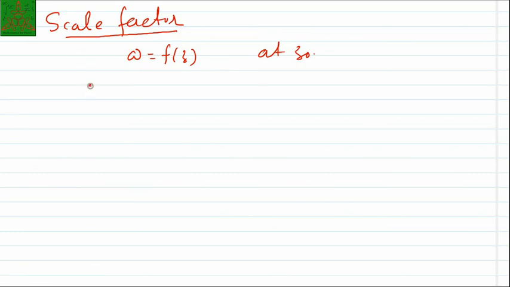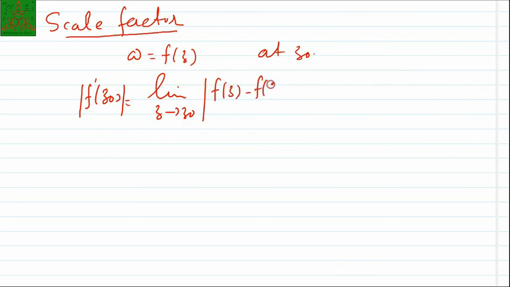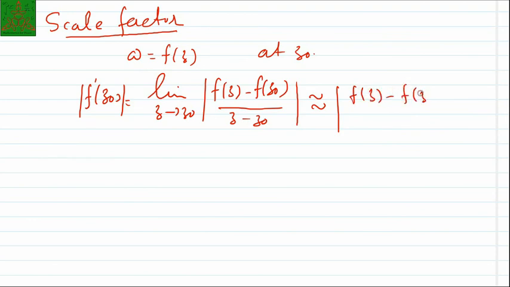For that, f dash of z0, by definition, is the limit as z tends to z0 of the modulus of f of z minus f of z0 upon z minus z0.